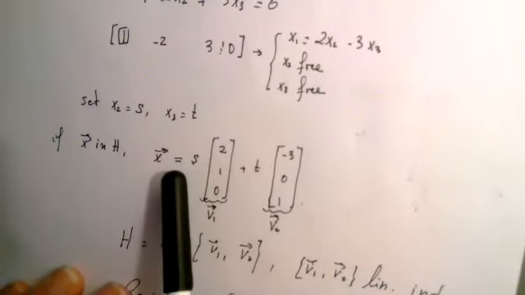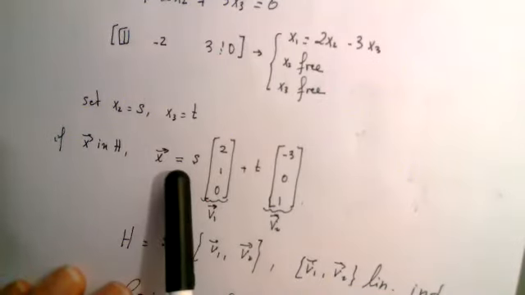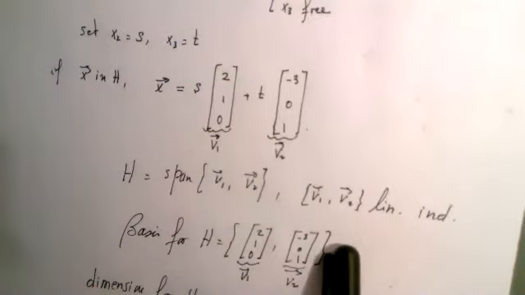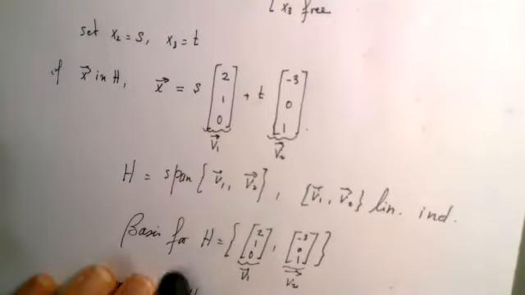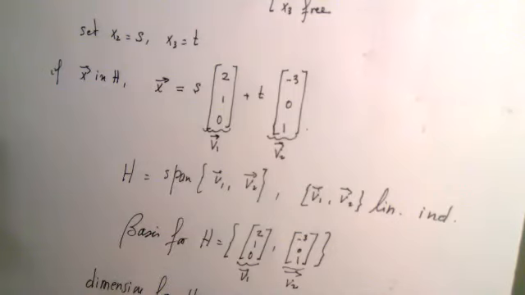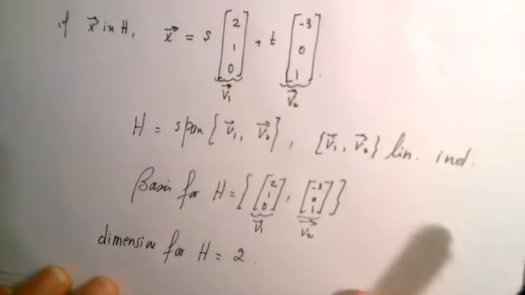So every vector in this plane is actually a linear combination of those 2 vectors. So H is their span, and a basis for H is (2, 1, 0) and (-3, 0, 1). This forms a basis for H. And we expected 2 vectors because it's a plane. So the dimension of H is equal to 2.